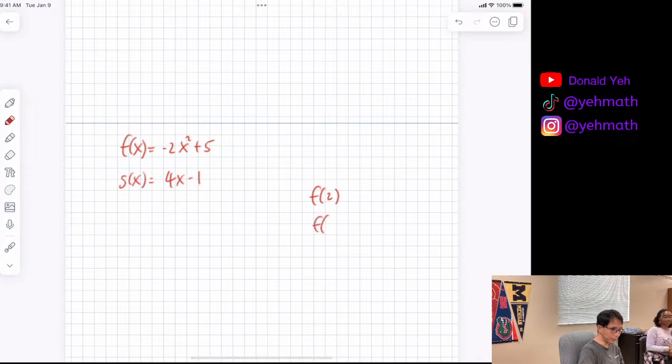And can you tell me what f of x minus 2 is? And can you tell me the difference between the f of x minus 2 graph versus the f of x graph? Okay, write it down. Tell me the comparison of the f of x minus 2 graph versus the f of x graph.